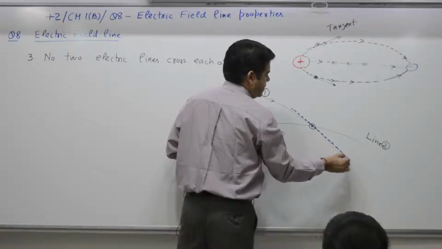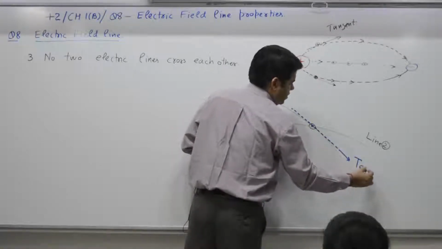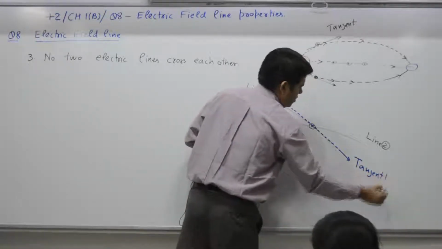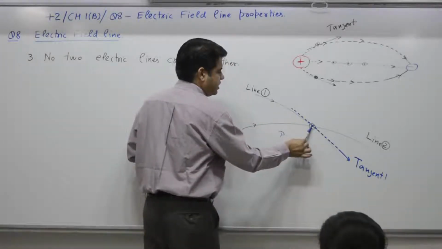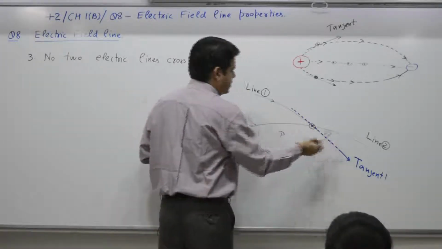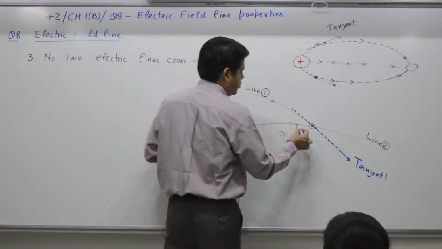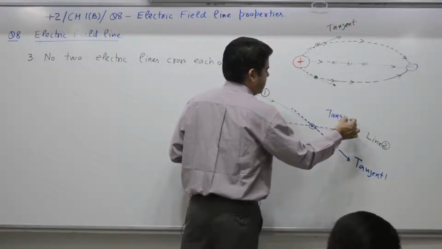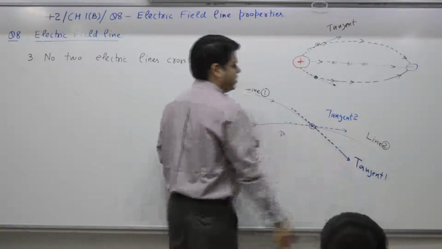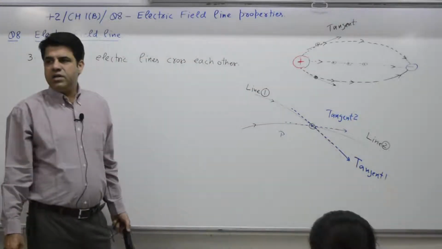So this is tangent 1. As per line number 1, if you place a positive charge here, it will move along tangent 1. If you place a charge here, it will move along tangent 2.